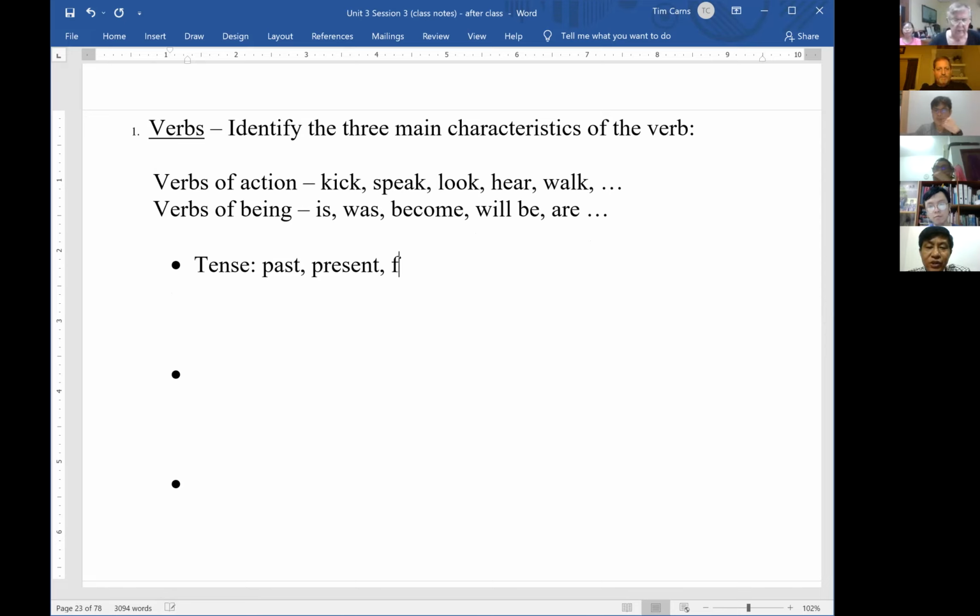Future. Yes. Now there's some more technical ones, like perfect and other kinds, but the primary focus in English is these three tenses: past, present, and future. Now, Greek has 7 tenses, if I remember correctly. Present tense is one, future tense, and it has several others as well. But since we're looking primarily at the English translation, we want to identify for each verb whether it is past tense, present, or future. That's one element or component.